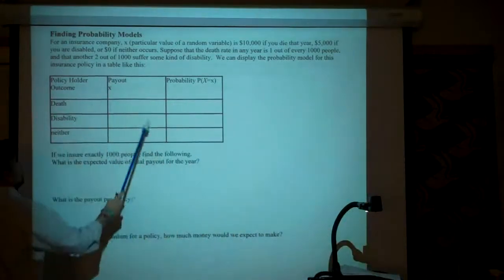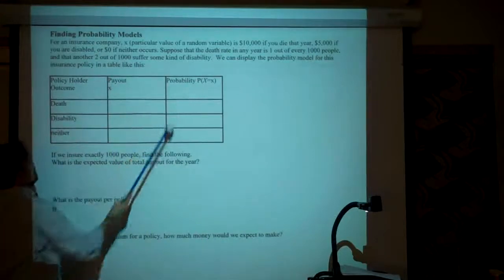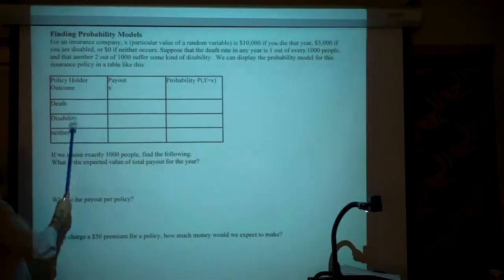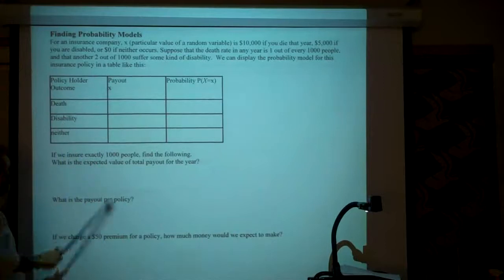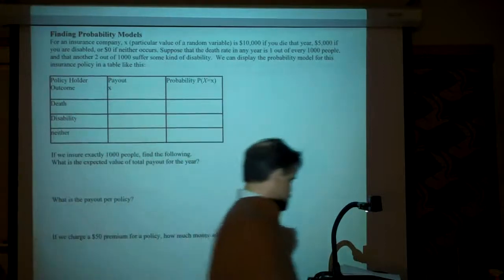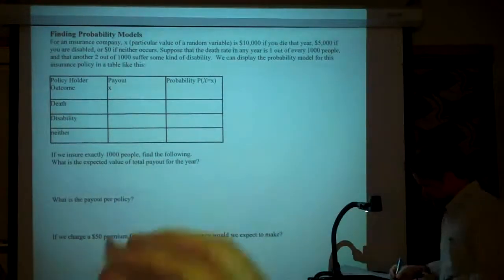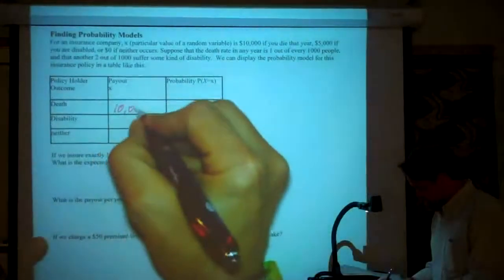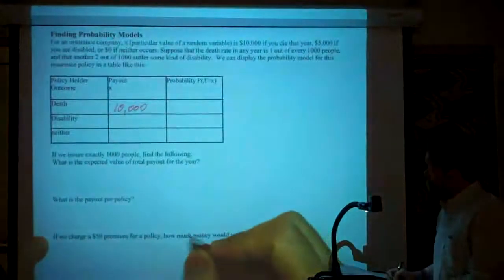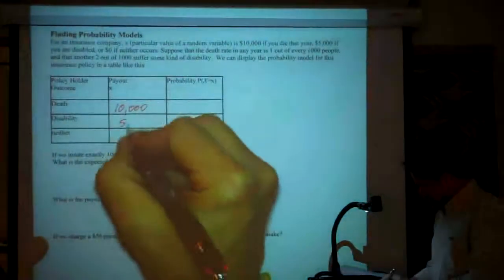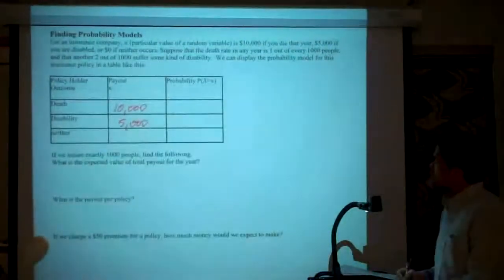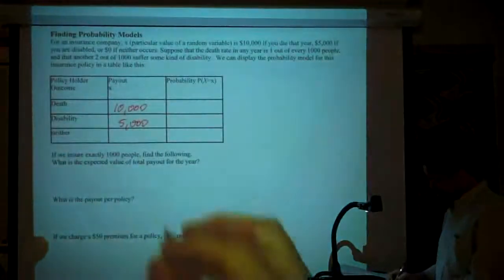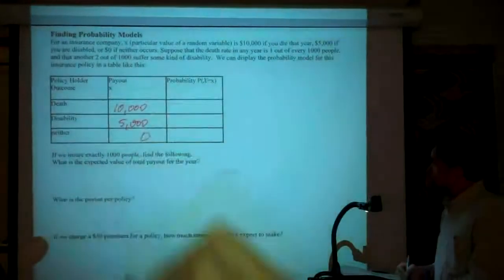So here we put our table, here's the payout, probability of that happening, and then in the event of death, disability, or neither. Okay? So we learned that the payout for death is $10,000. The payout for disability is $5,000. And the payout for neither is 0.